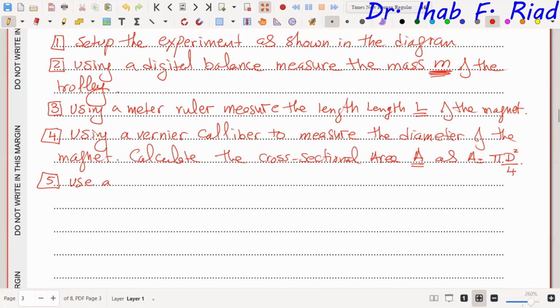Use a Hall probe to measure the magnetic flux strength.